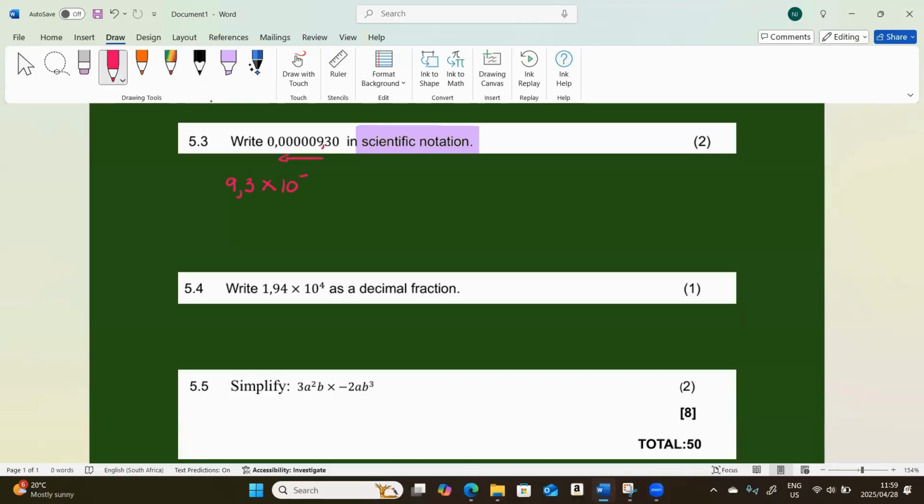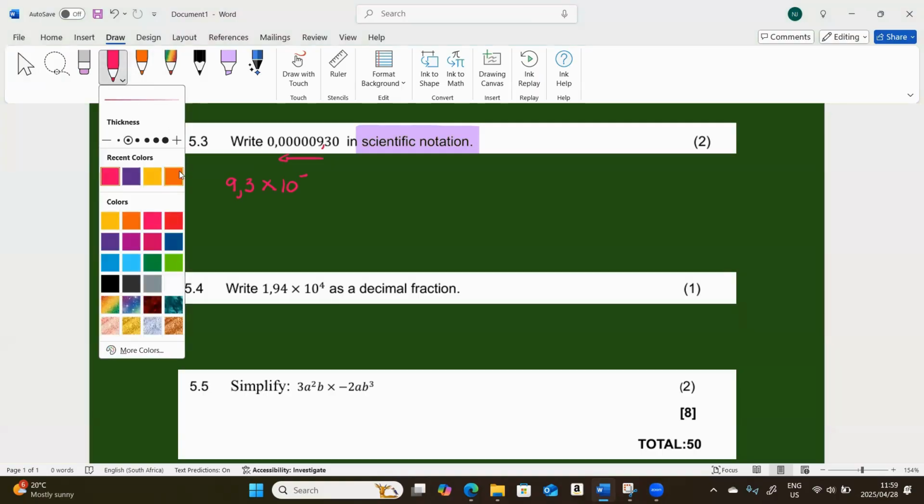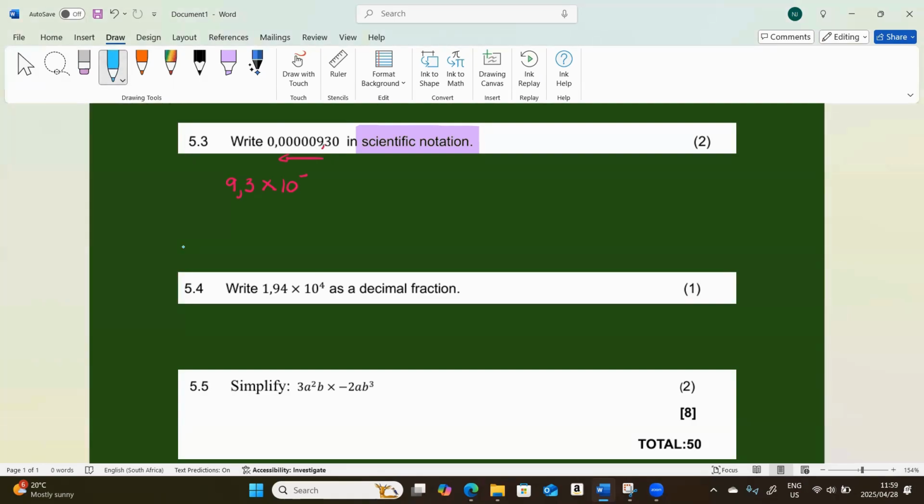And now to get the actual number of your power, you just count your number of decimal places from the comma that you put in to the original comma in this decimal number. So let's count the number of places together. That would be, okay, let's use a different color, let's make it obvious. Okay, let's use sky blue. Okay, so we would say, cool.